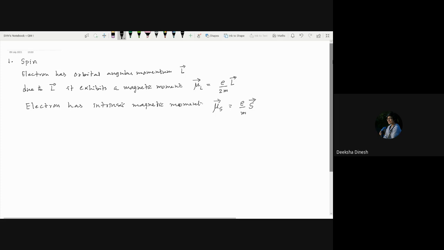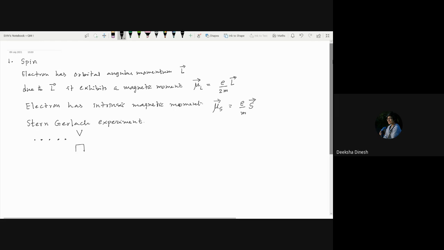So you have something called the Stern-Gerlach experiment, where you have a beam of spin-half particles and then you have some Stern-Gerlach apparatus.